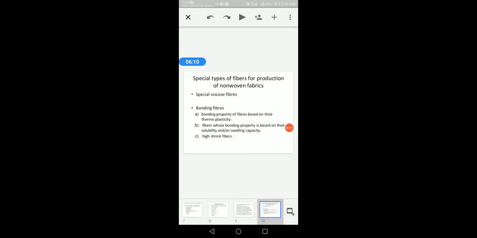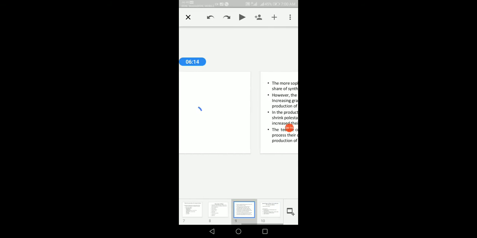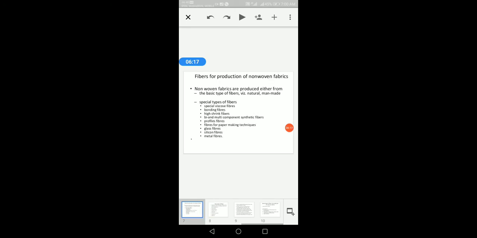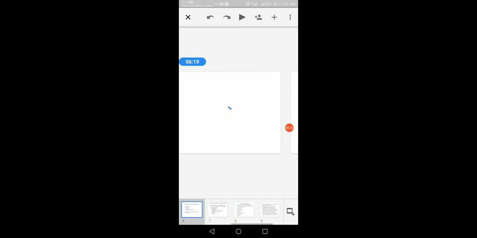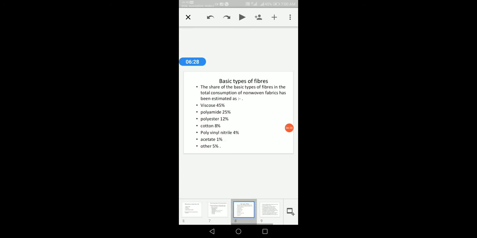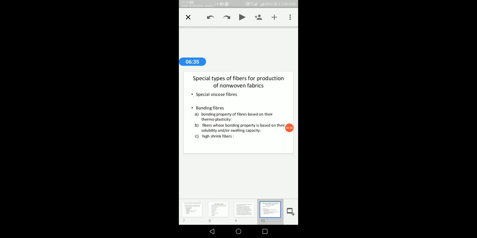This was a brief introduction to nonwoven technologies. There are different types of basic fibers, raw material requirements and special types of yarns, and different techniques are used in the manufacturing of viscose, polyamide, polyester, cotton and acetate. These techniques are very special production types for nonwovens, such as bonding fibers, bonding properties and high shrinkage fibers.